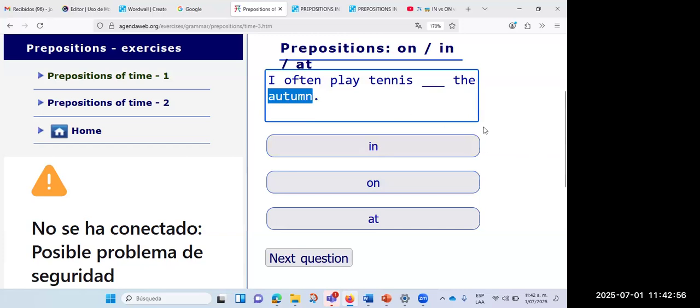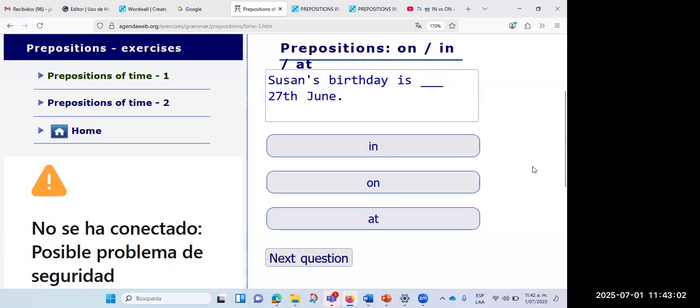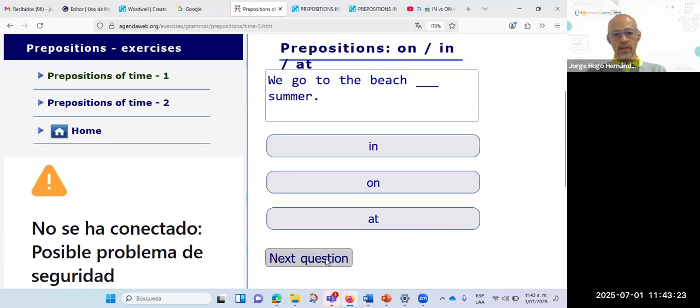Okay, remember autumn is a season. This one, Susan's birthday is on 27th June. If I'm going to say only the month, Susan's birthday is in June. But here we're saying the exact day. So on 27th June.